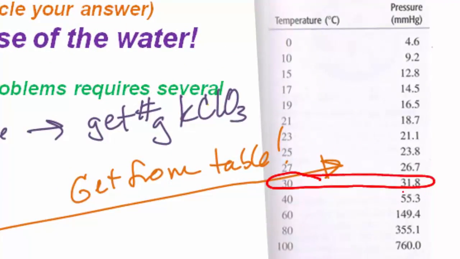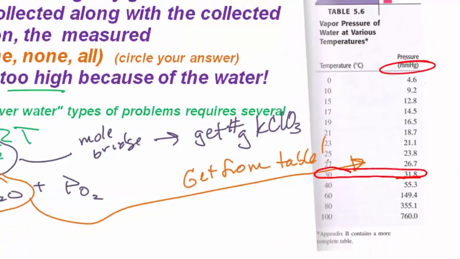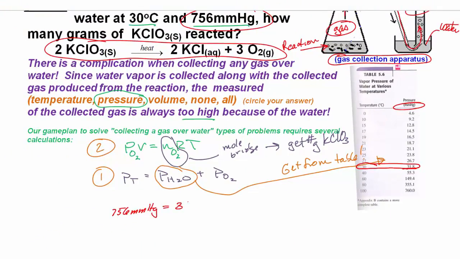That's going to be 31.8 millimeters of mercury, plus the pressure due to my oxygen. So the pressure due to the oxygen gas is just going to be 756 minus 31.8, which is 724.2 millimeters of mercury. So that was step one.